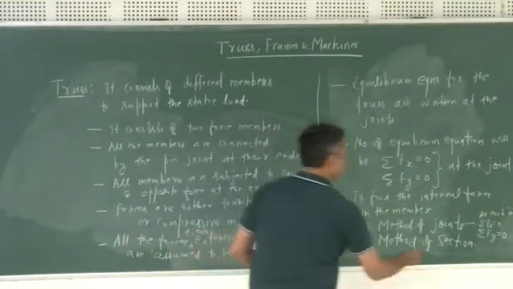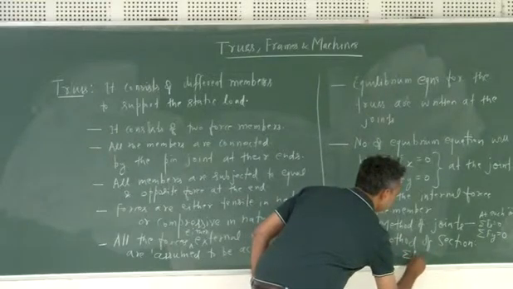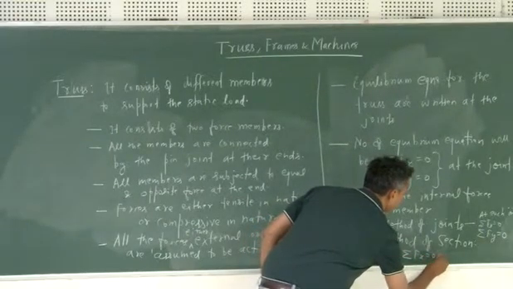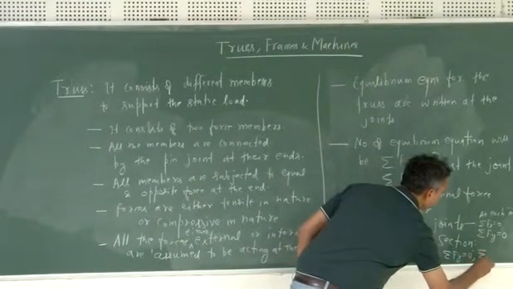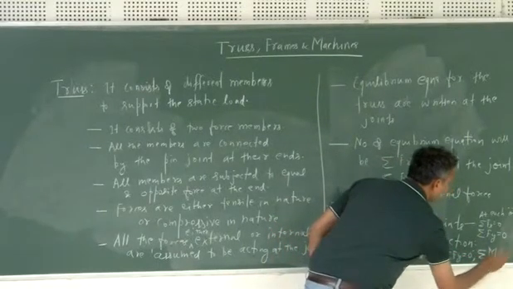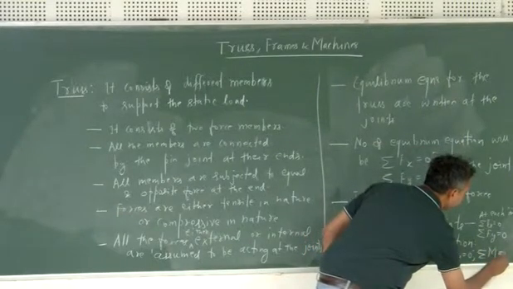And in method of section, you can write three equations, which are summation of Fx equals 0, summation of Fy equals 0, and summation of M at any point, you can take any point.